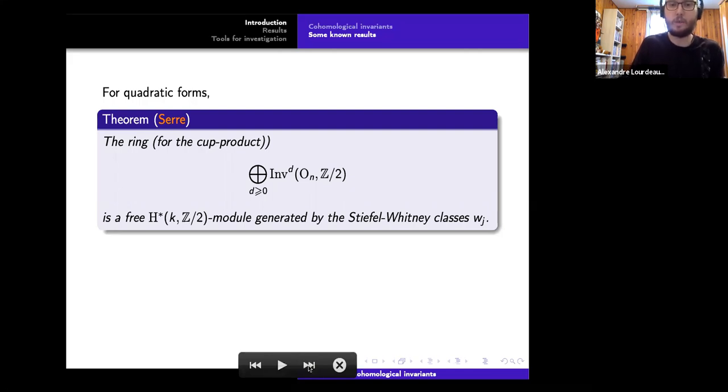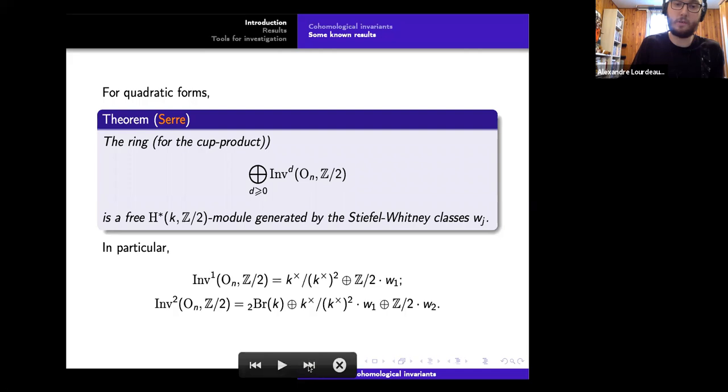And this has as a consequence that we can describe degree 1 invariants. So it's just the sum of the constant invariant and the invariant w_1, and the same for the degree 2 invariants. We can continue for all degrees.